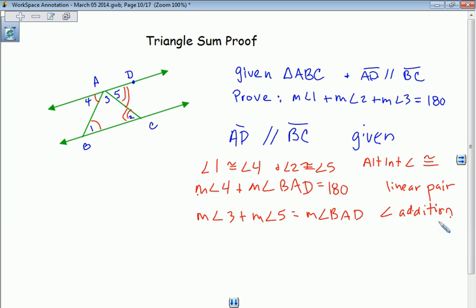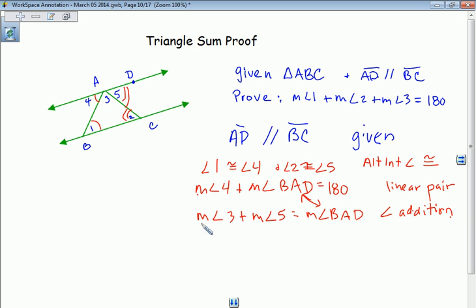Angle addition postulate. Okay, now who sees where we're going? Where can we go now? Measure of angle 4 equals... we got angle BAD, and we got angle BAD. That's good. What is BAD equal to?